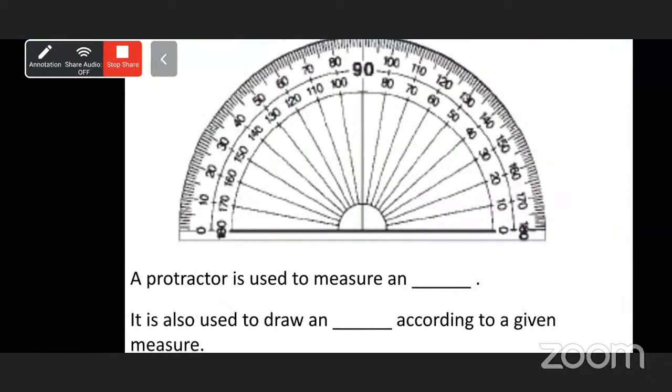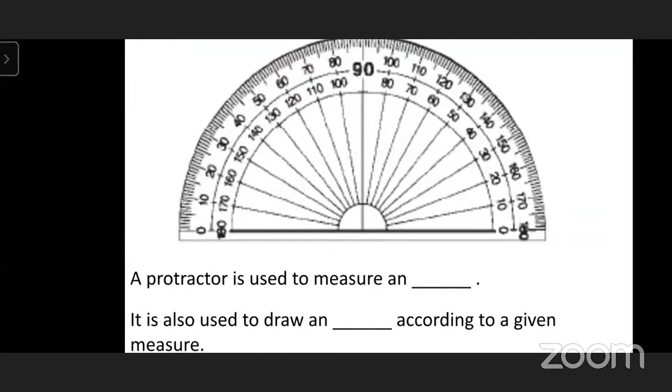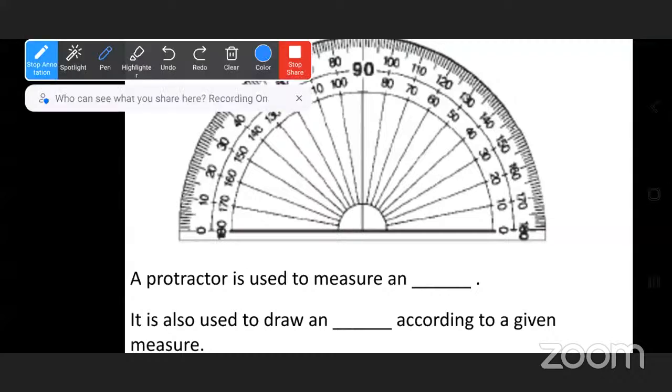Now you all tell me, a protractor is used to measure what? You can raise your hands. Shri Dhanu, sir, please unmute. Okay, dear, Shri Dhanu, tell me. Used to measure an angle. Very good.